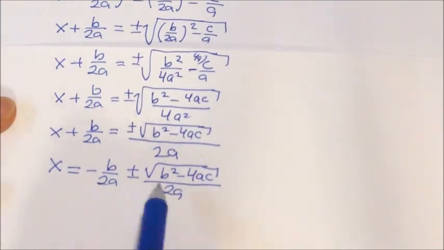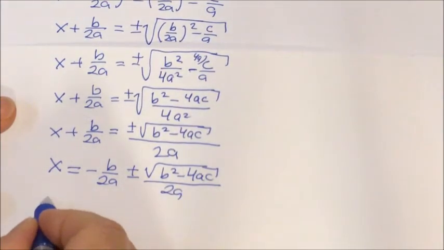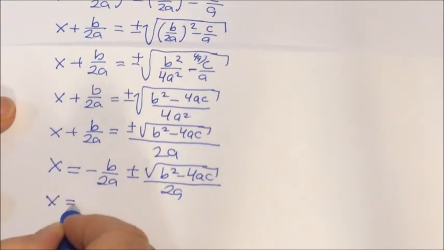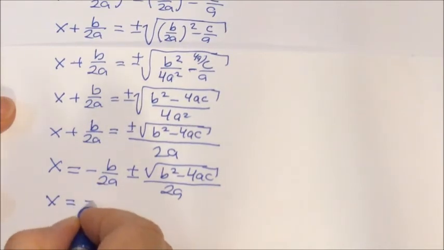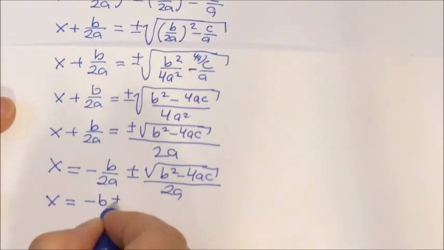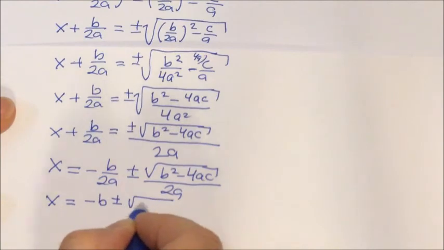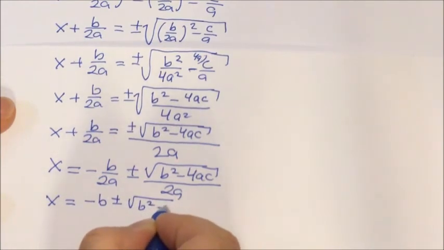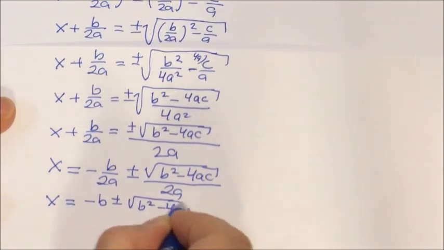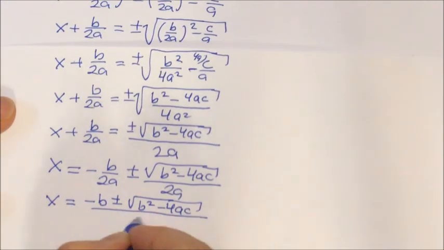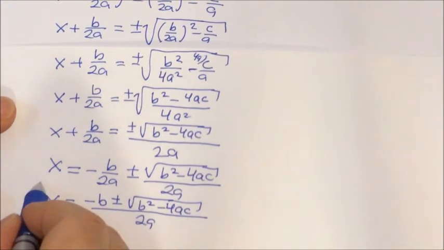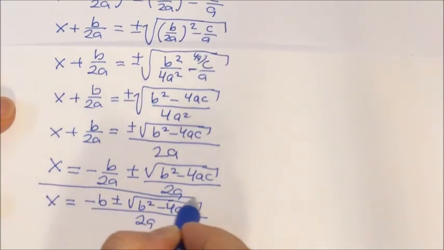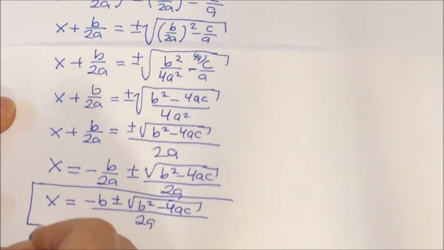And if we add these two together, we get a formula for solving x. It's minus b plus or minus square root of b squared minus 4 times a times c divided by 2 times a.